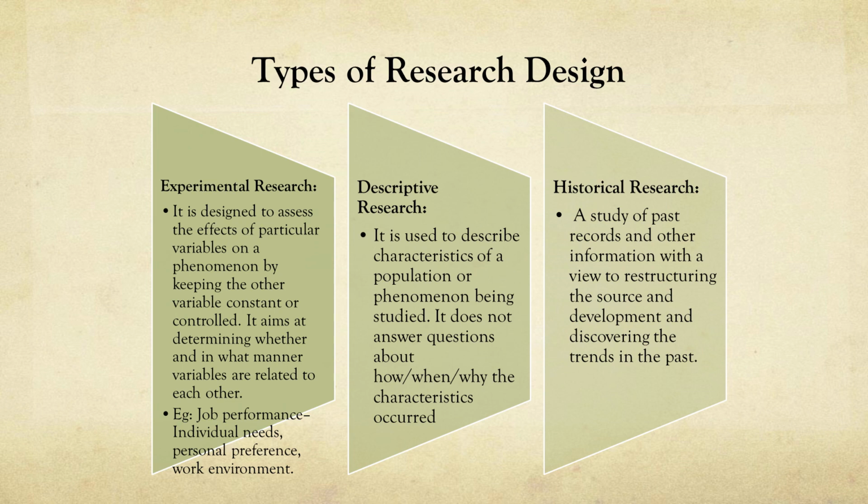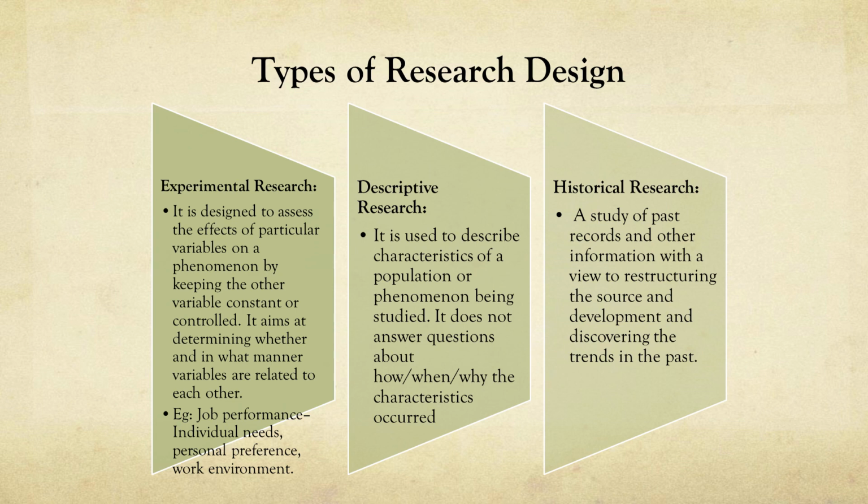For example, if I say job performance is related to individual needs, personal preferences and work environment, this type of research will help me identify the cause and the effect. The effect here is the job preference and the causes are individual needs, personal preference and work environment.